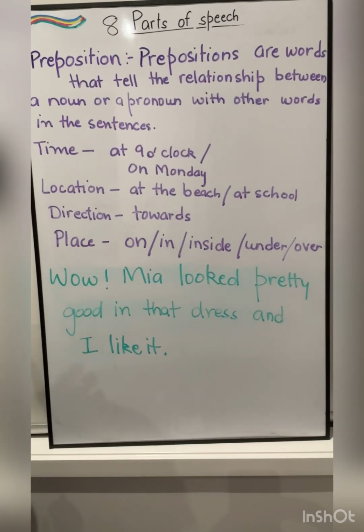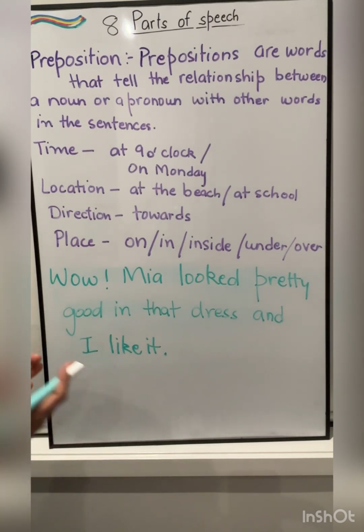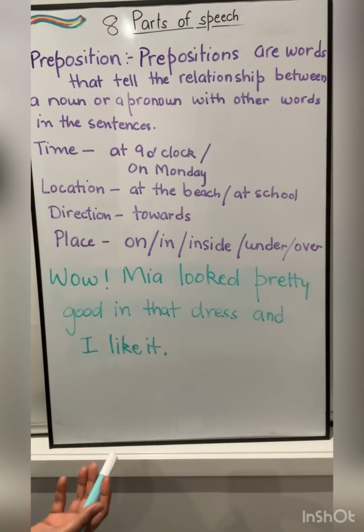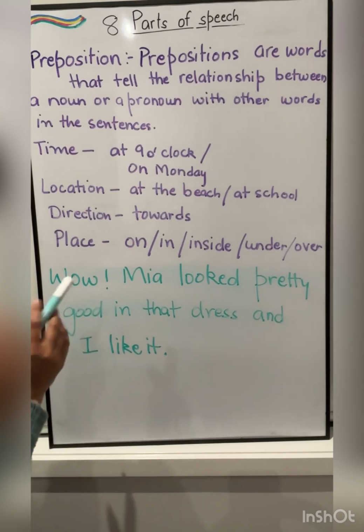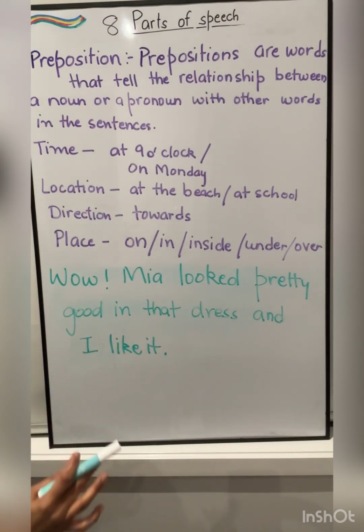So I is the subject and chair is the object. The words which tell you the relationship between the subject and the object, who's doing the action to what, are called prepositions. There are different types of prepositions, but I'm just giving you the simple ones just to show you where and how they're used.